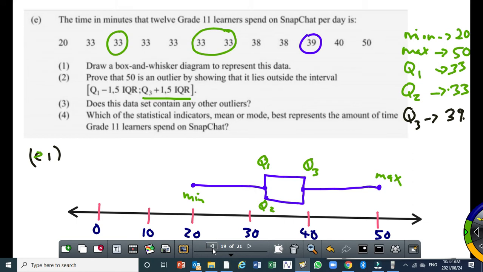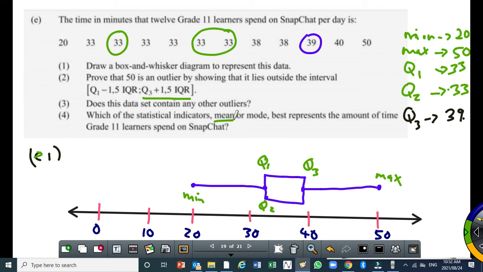Then the next question: which of the statistical indicators, mean or mode, best represents the amount of time that 12th grade learners spend on Snapchat? For this question, we can't talk about the mean. We have to talk about the mode.